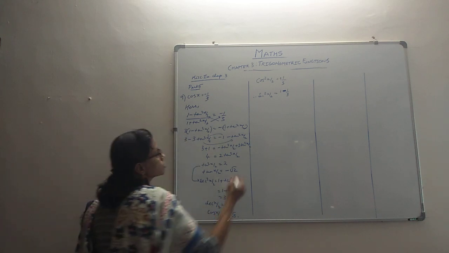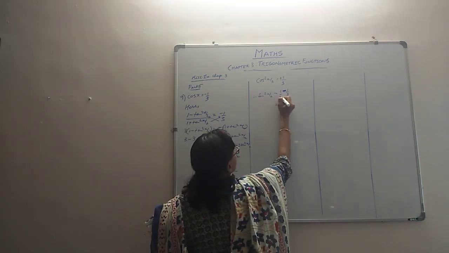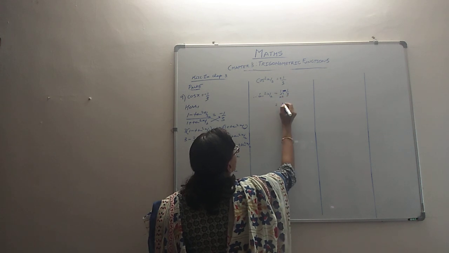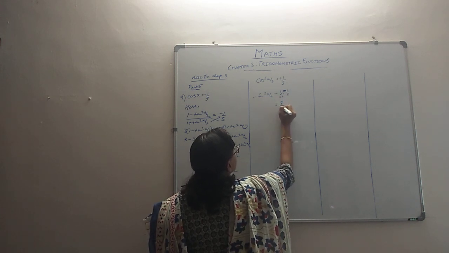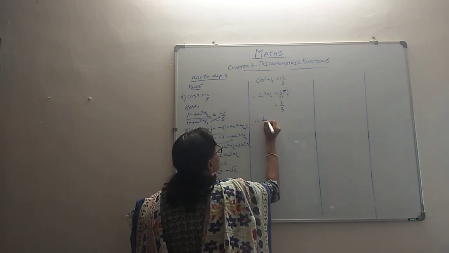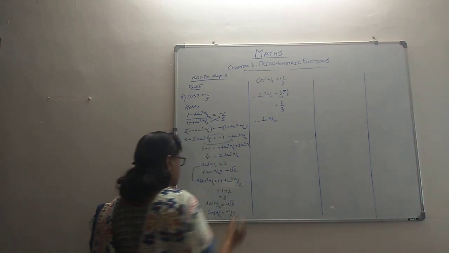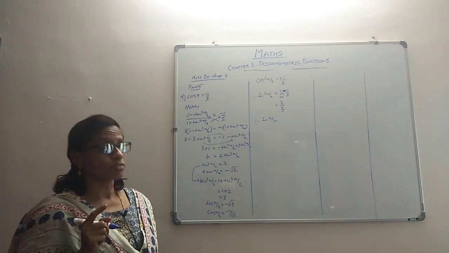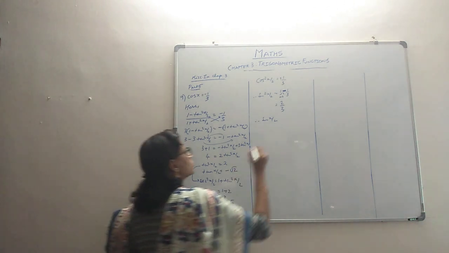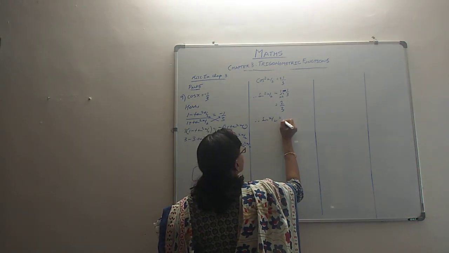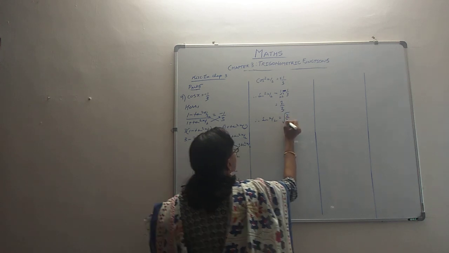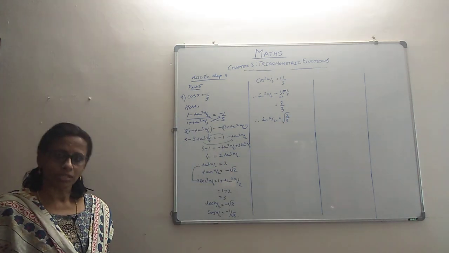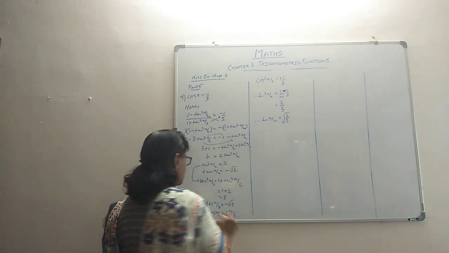So that way it will come to 2 by 3, 3 minus 1 by 3. Therefore sin x by 2, which is in the second quadrant, will come to root 2 by 3 when we take the root. It will be positive because it is in the second quadrant. That is about these values.